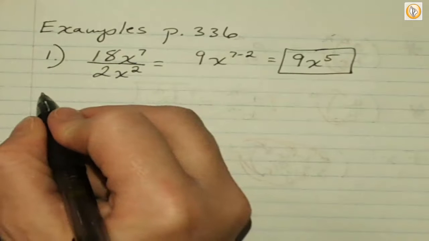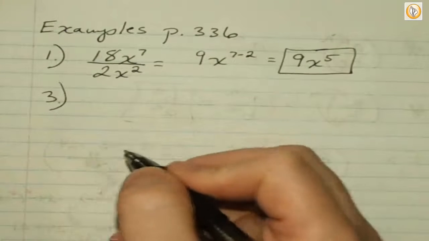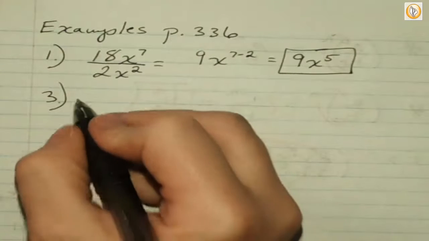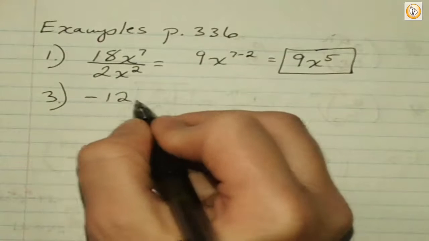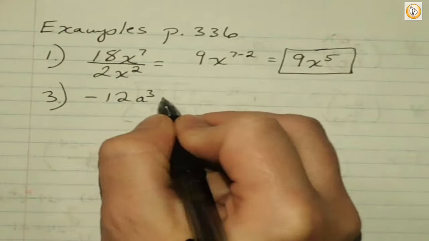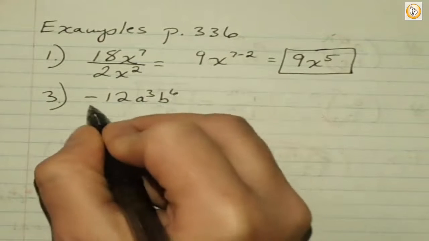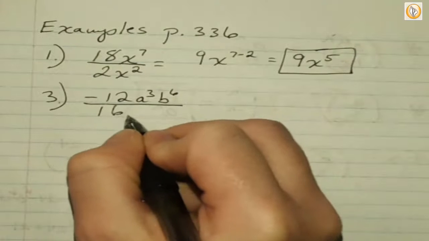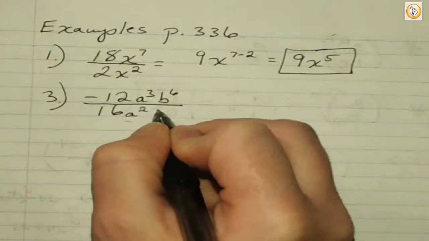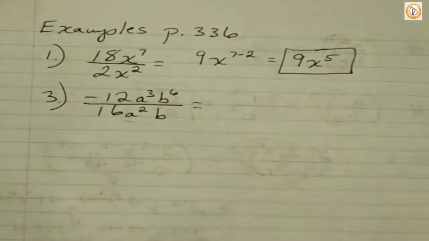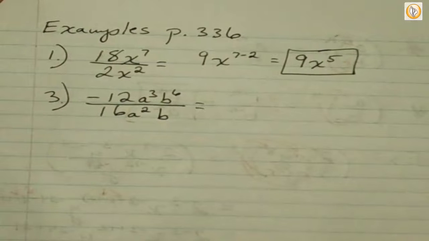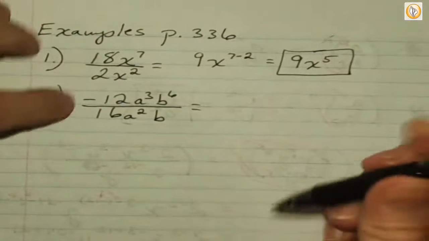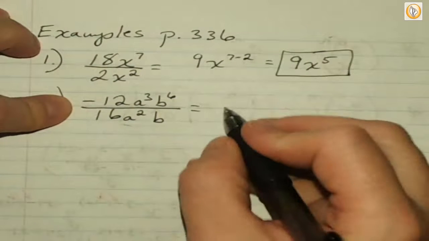7 minus 2. All right, Gabby. Negative 12 a to the 3rd power times b to the 6th power over 16 a squared b. So simplify. What does that give me?